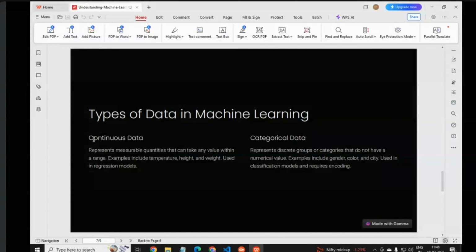But in ratio data, if it is 0 kg, it means there is no weight. In ratio data, zero height means there is no height. I said 0 kg weight, so there is no weight.